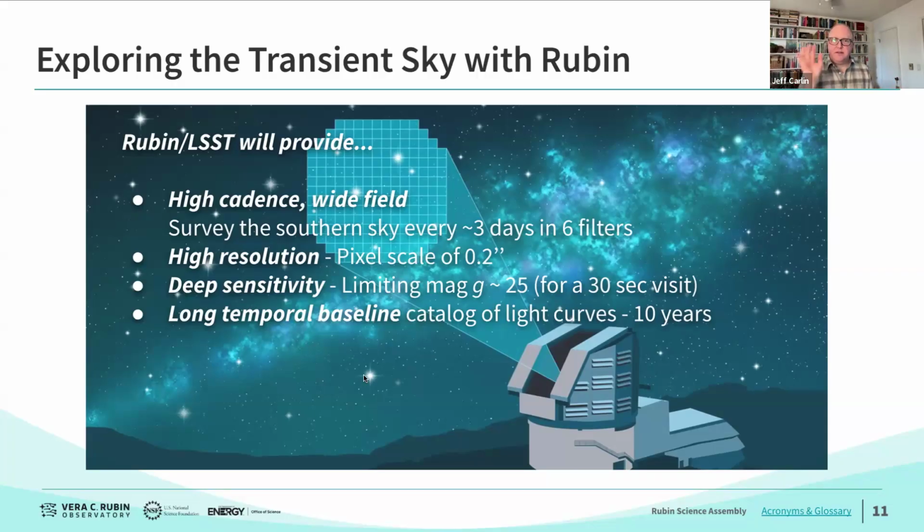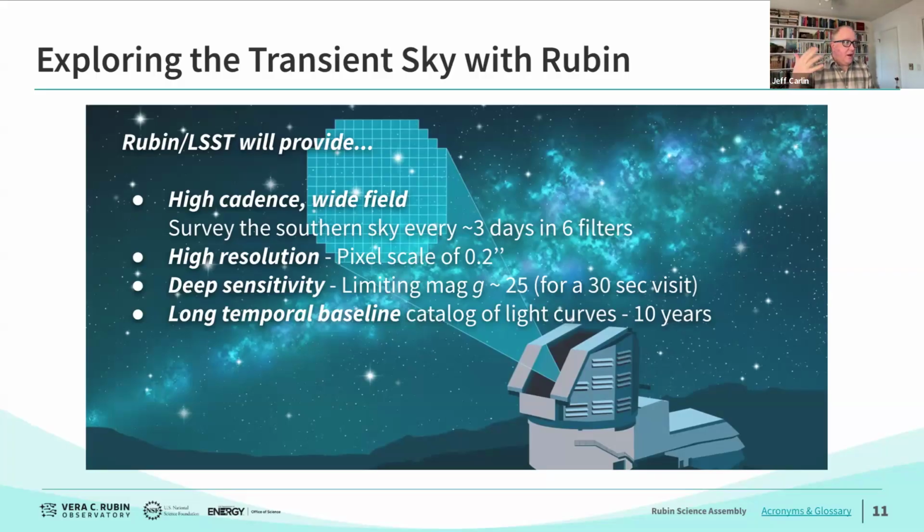I trust you're all at least somewhat familiar with the survey, but just a reminder, this survey will provide a very high cadence with a wide field of view, meaning that the entire southern sky will be surveyed roughly every 3 nights in 6 filters.